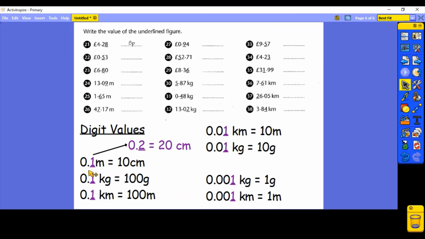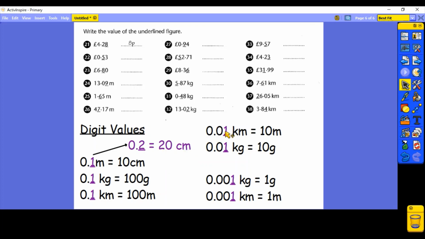So I'm telling you that 0.1 meters, this 1 is worth 10 centimeters. 0.1 kilograms, the 1 is worth 100 grams. 0.1 kilometers, the 1 is worth 100 meters. So you can use that. So for example, if it was 0.2 meters, if 0.1 is worth 10 centimeters, 0.2 will be worth 20 centimeters.